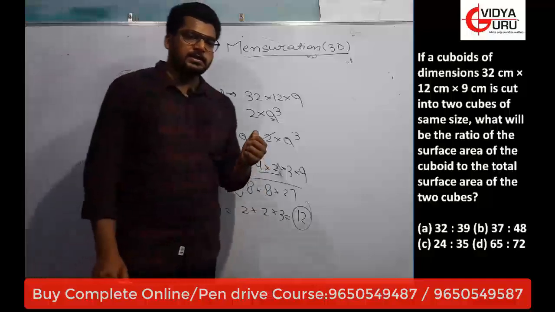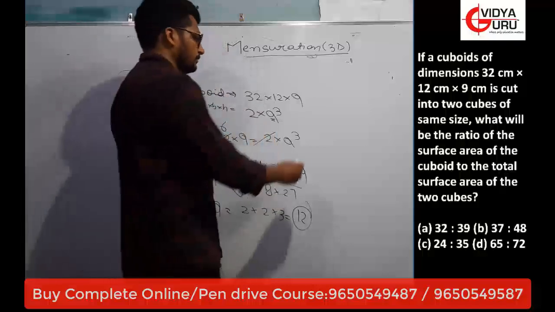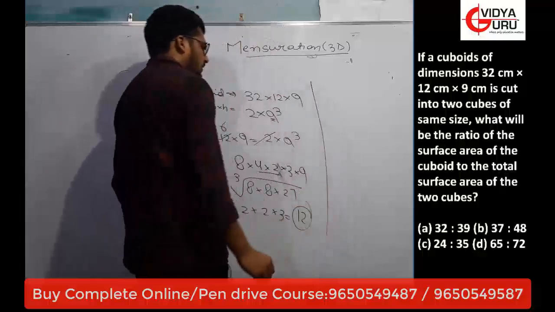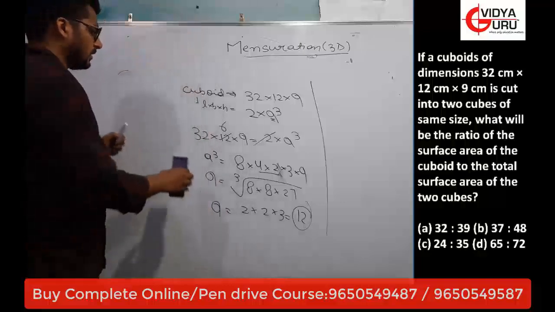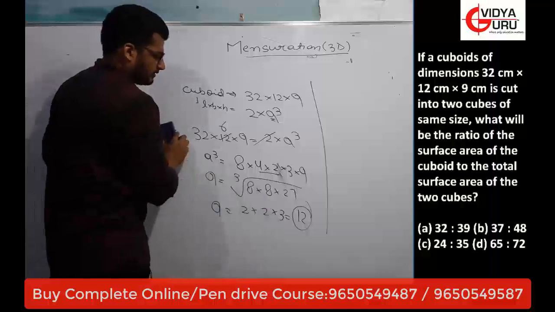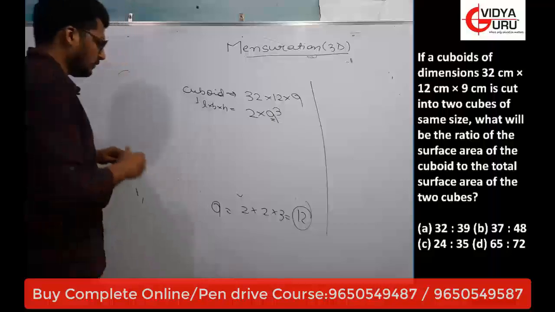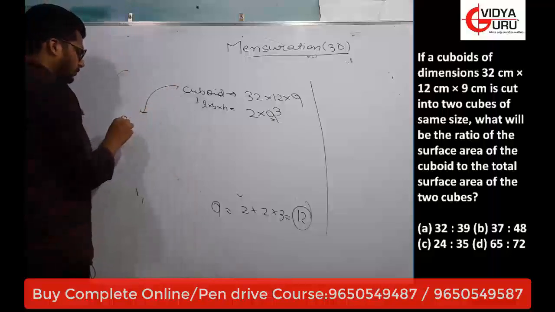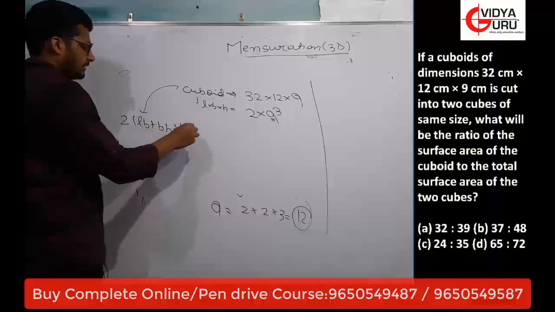Now the question is asking the ratio of the total surface area of the cuboid to the total surface area of the 2 cubes. The side of the cube is 12 centimeter. The surface area of the cuboid is 2 into LB plus BH plus HL.